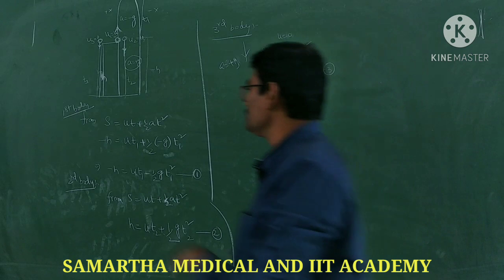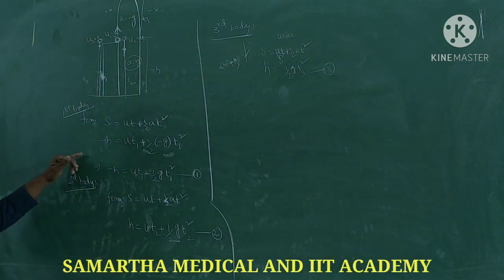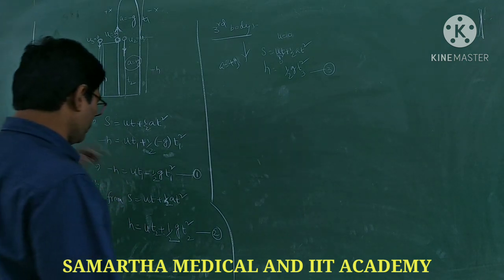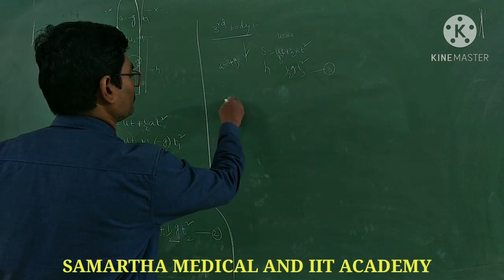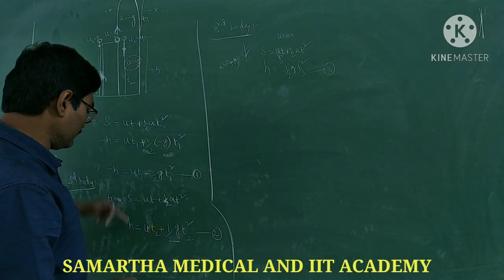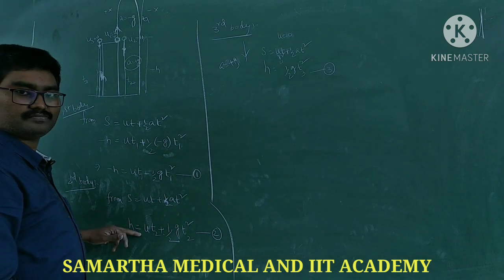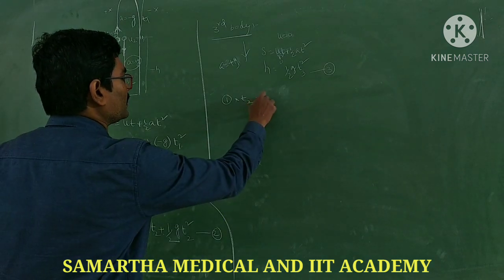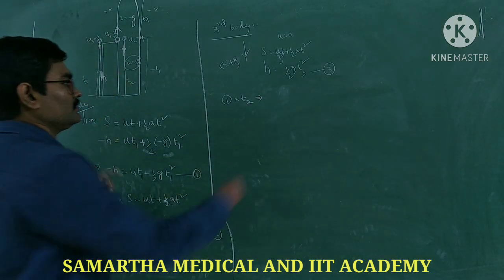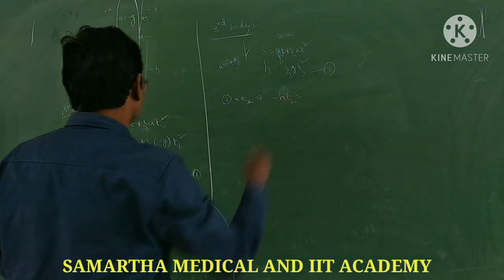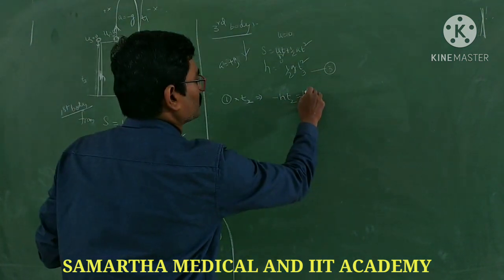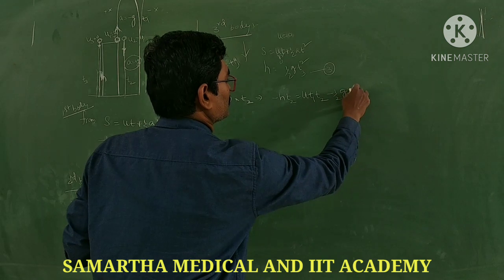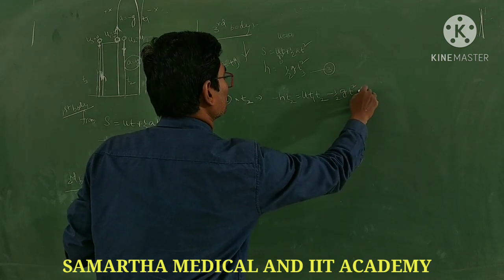Now what you have to do is, take equations 1 and 2. Equation 1 you multiply with t2 and equation 2 you multiply with t1. Multiplying 1 with t2, what you get is minus h t2 is equal to u t1 t2 minus half g t1 square t2.